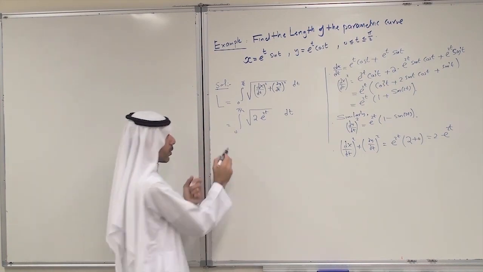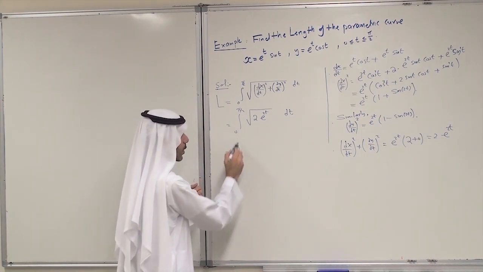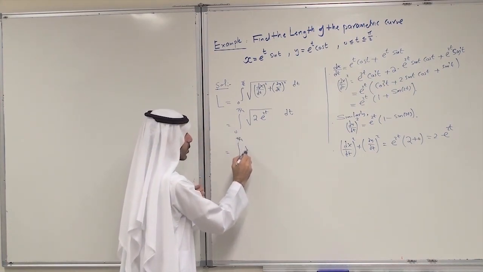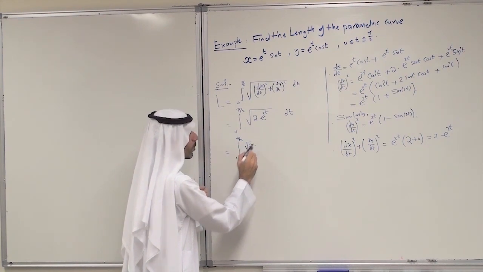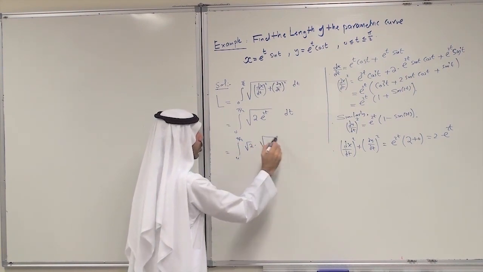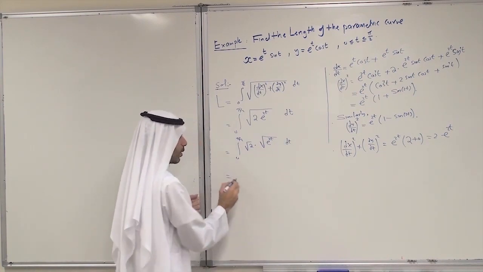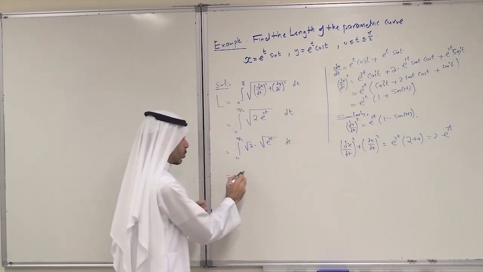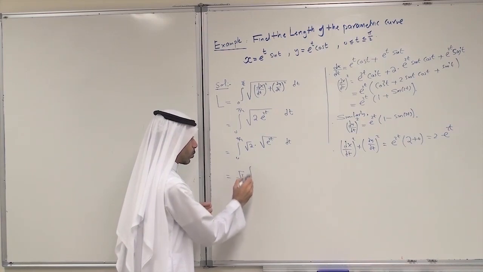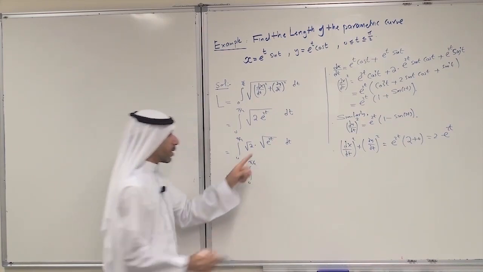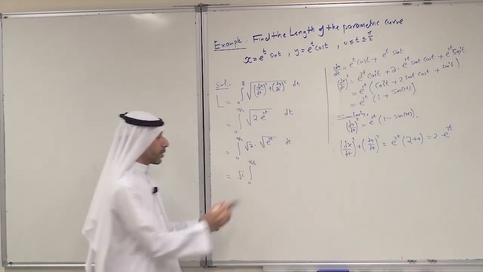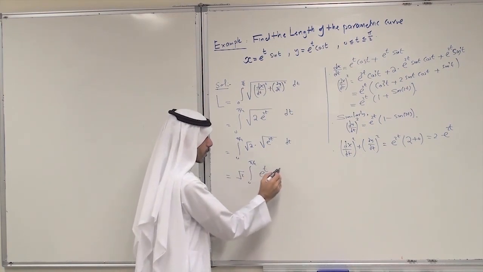The square root of 2 is a constant, so you can take it outside. This is root 2 times the integral from 0 to pi over 2 of the square root of e^(2t) dt. The square root of e^(2t) is just e^t.